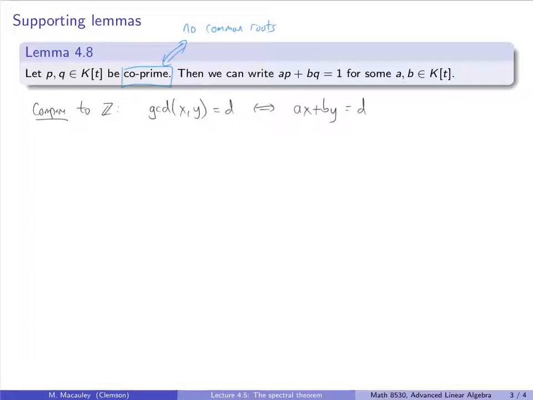And in fact, d is the smallest positive integer that we can do this for, for some integers a and b.